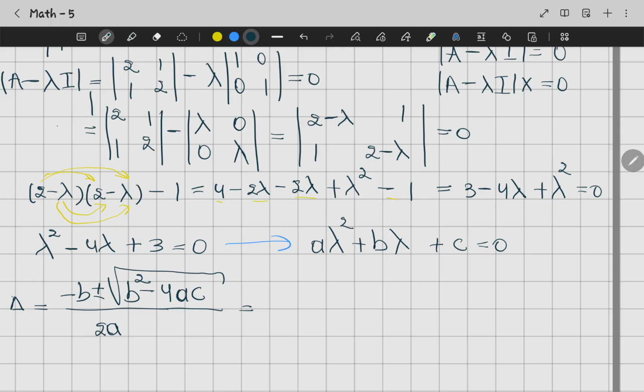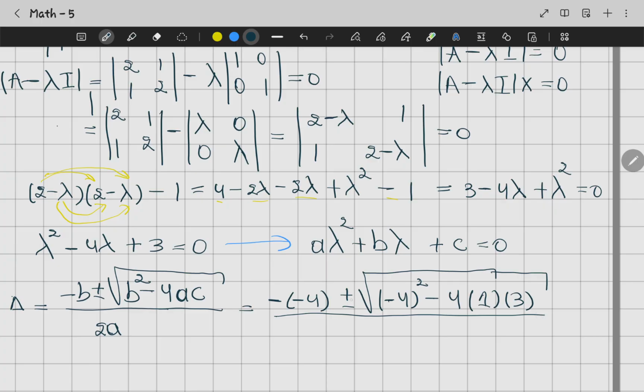So I'm going to replace the values. b is actually -4, so it's going to be -4 plus or minus, and then b is -4, -4 times a which is 1, and then c which is 3, over 2, and a equal to 1. The answer that we get from here will be 3 and 1.